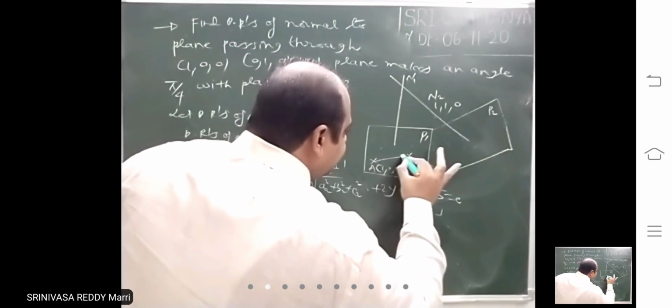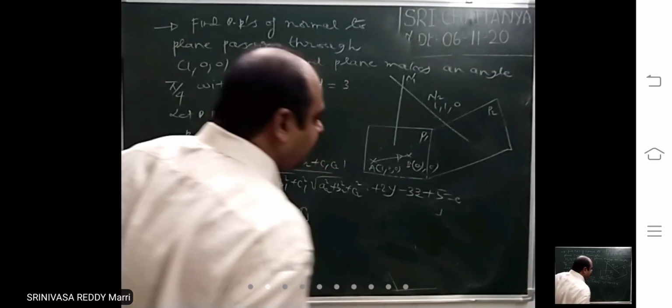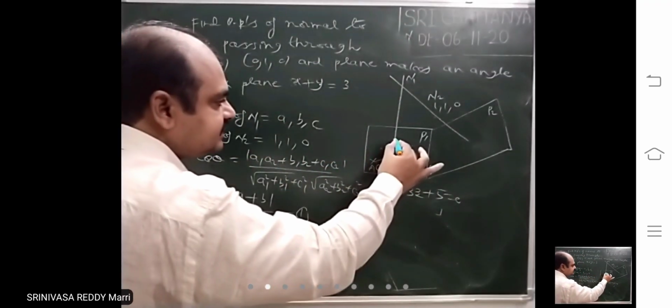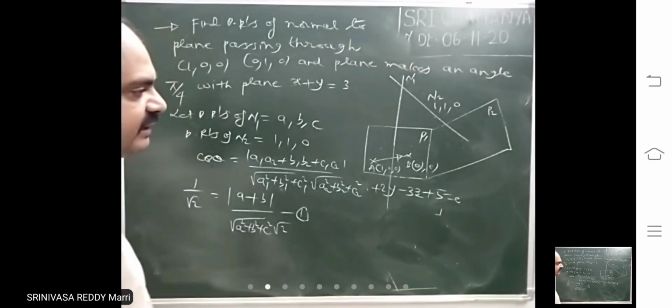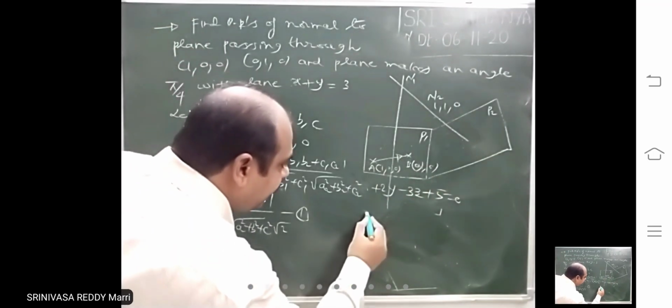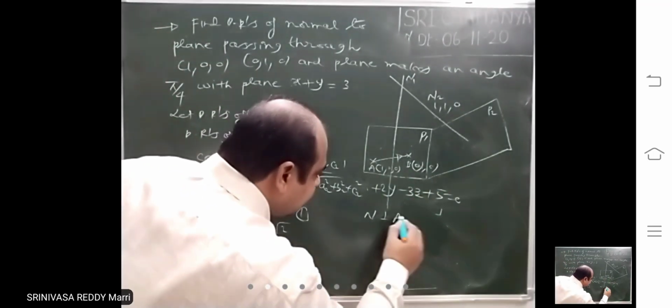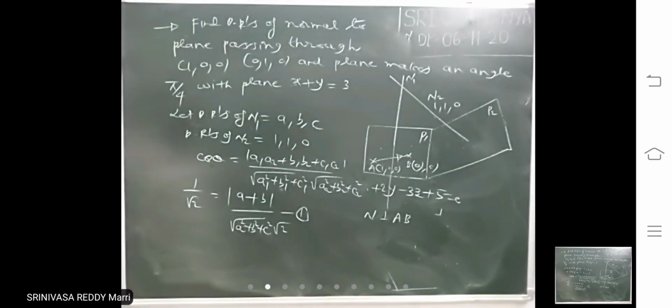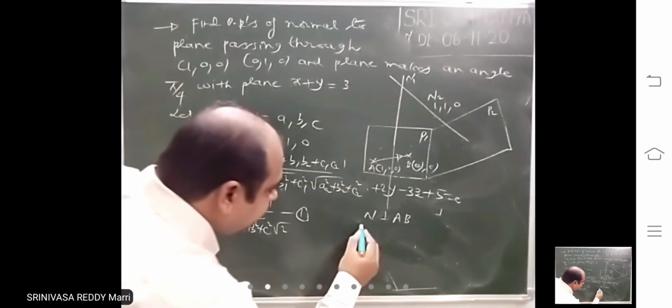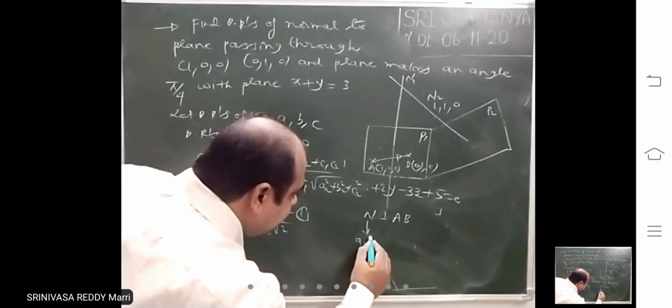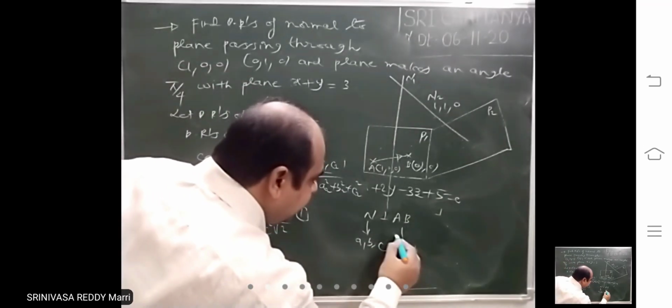AB lies in plane 1. This normal is like this, and AB is in the plane. So N is perpendicular to AB. The N line will be perpendicular to AB. The DRs of N are A, B, C. Apply the perpendicularity condition.